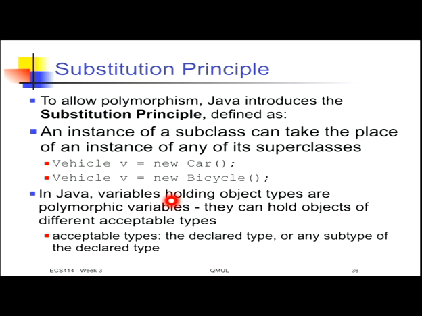So it's an instance of a bicycle, it's not an instance of vehicle, but has type vehicle. Okay? So these kinds of variables are polymorphic variables. This variable V is polymorphic because it can store instances of subclasses of a vehicle. Okay? Is that clear? This is very important.